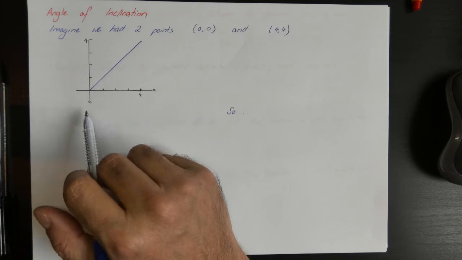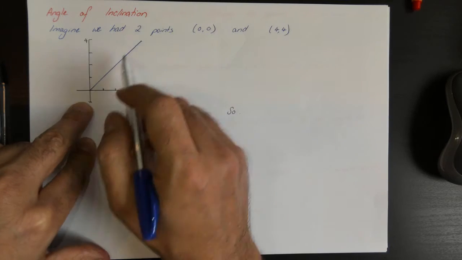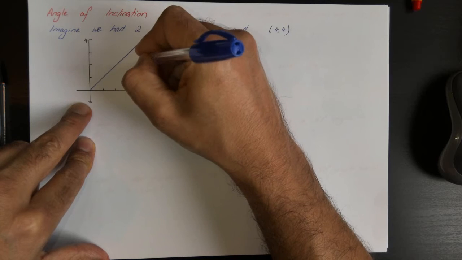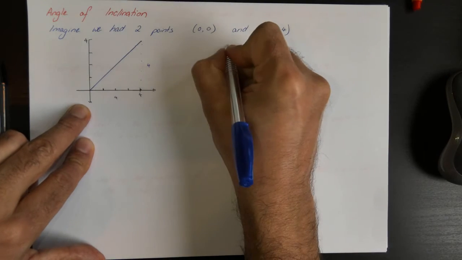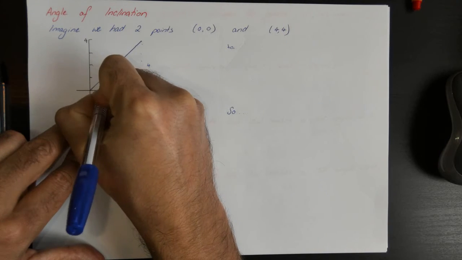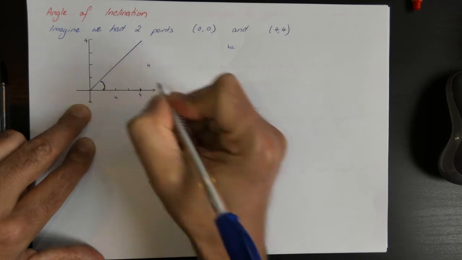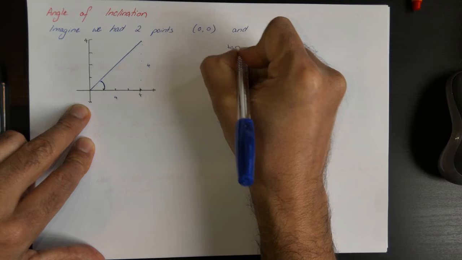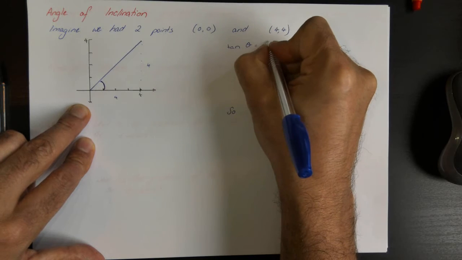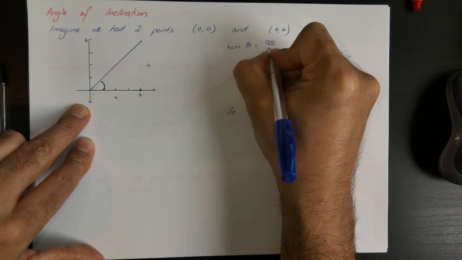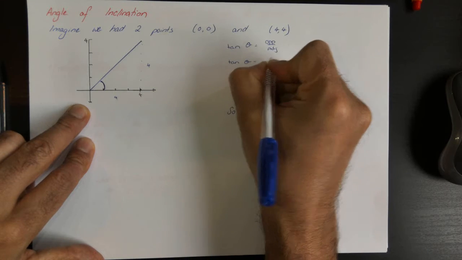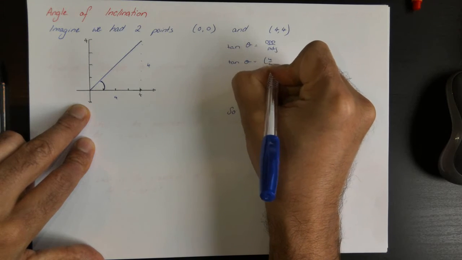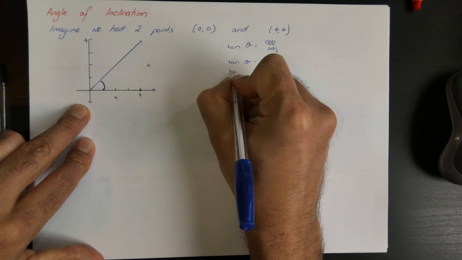So if I have 2 points 0, 0 and 4, 4, we know that this is 4 units and that's 4 units. Well, this angle here, if I use tan theta equals opposite over adjacent, tan theta will equal in this case 4 over 4, or tan theta equals 1.